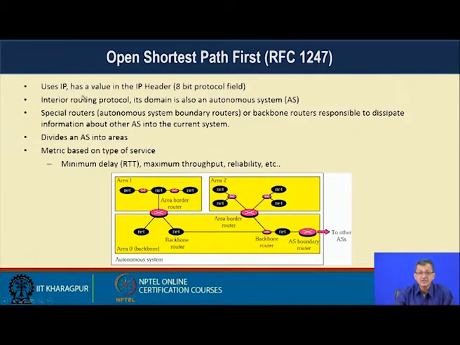So, it uses IP and has a value in the IP header. If you remember, there is an 8-bit protocol field. Interior routing protocols' domain is also an autonomous system. Special routers: autonomous system boundary routers, as we have discussed, and backbone routers responsible for disseminating information across the AS. It divides the AS into areas, and the metric to be used is minimum delay or RTT, maximum throughput and so on and so forth.